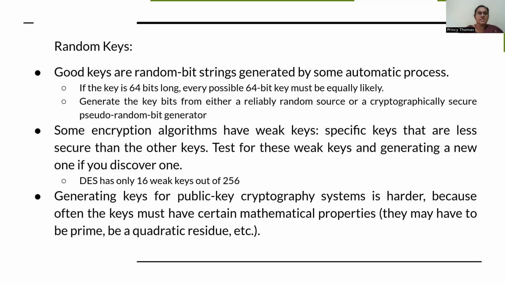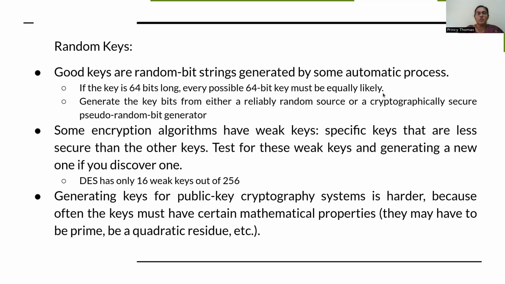Okay, next, random keys. Ideally, a key that would be secure should be randomly chosen. And for us to choose randomly might be difficult, so normally we can use some automated process to do this. If the key is 64 bits long, every possible 64-bit key must be equally likely.